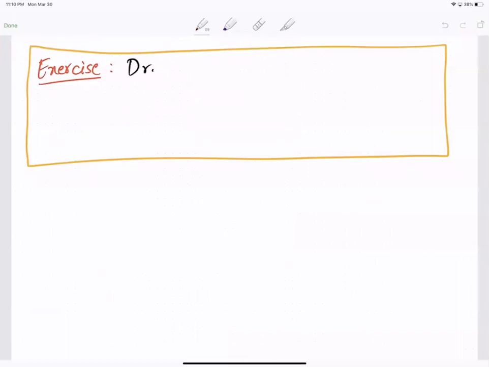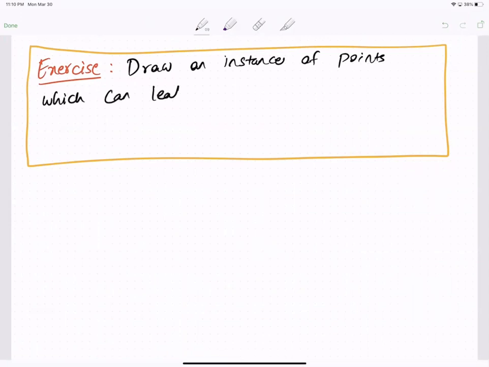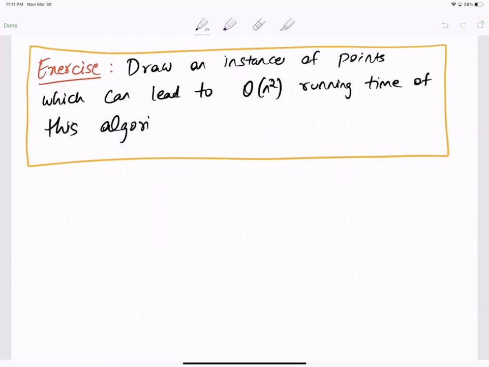Just draw an instance of n points which can lead to order of n squared running time of this algorithm, just so that you can actually visualize it. And in what sequence should these n points be inserted?